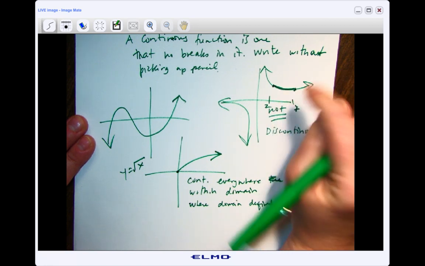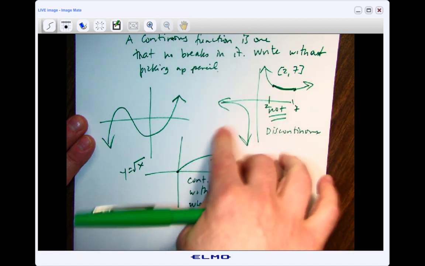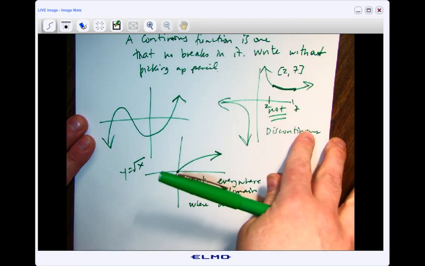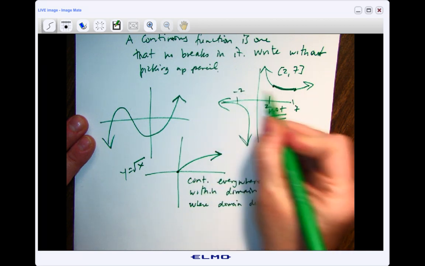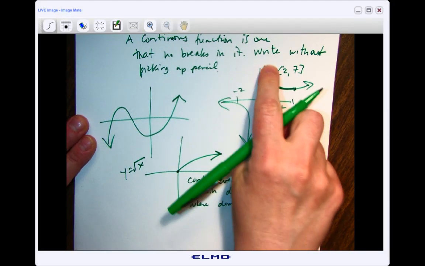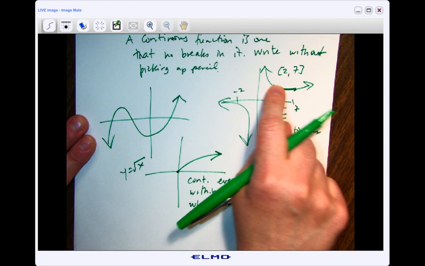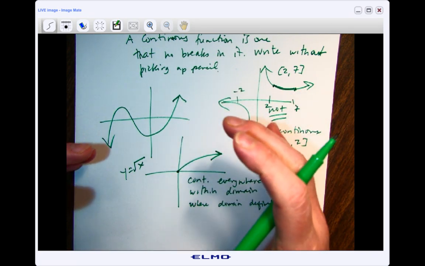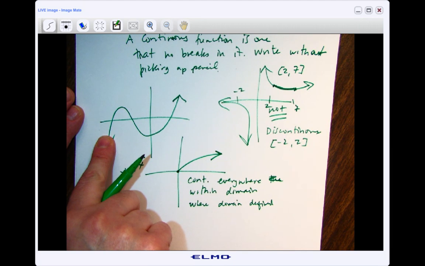Or you could pick a ton of different intervals where this would be continuous. But it obviously would be discontinuous from -2 to 2. There is discontinuity in there. So you can be continuous over a very specific amount of space, or you can be a continuous function, meaning I could draw the whole thing without picking up my pencil.